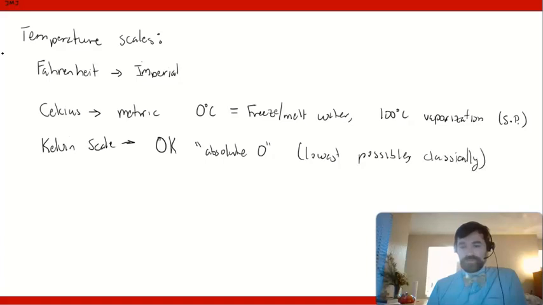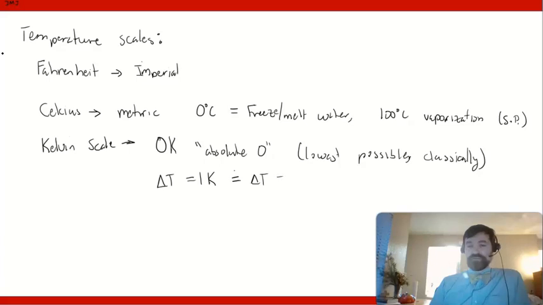Now, if you include quantum mechanics in, or if you use the laws of thermodynamics, it's actually impossible to reach absolute 0. So I said classically, but even thermodynamically, you can't get all the way down to absolute 0. The delta T of 1 Kelvin is equivalent to a delta T of 1 degree C.